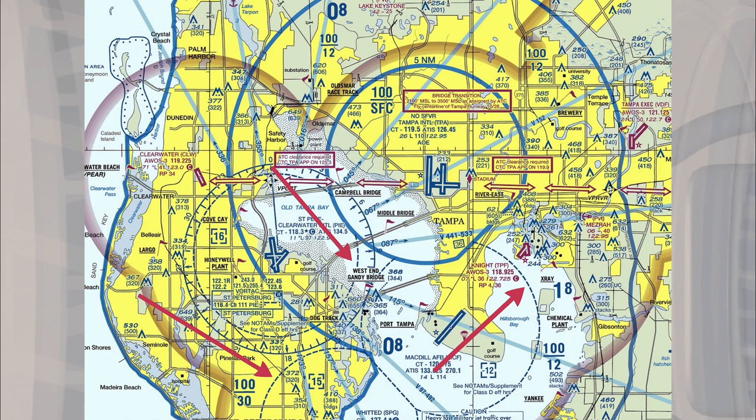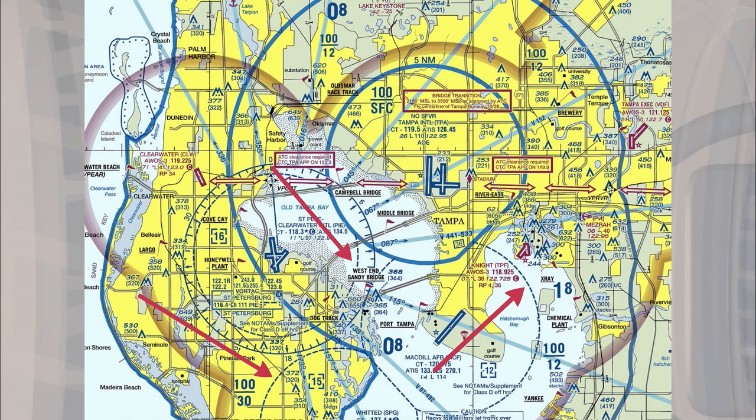So you can be in class Delta airspace there all the way up to and including the 1,600 feet. The one there at Albert Whitted that says 15, that means it goes up to and includes 1,500 feet in that area of the chunk that's not involved with that dark blue line. So that left-hand side over there where the 15 is located, that is to the left of the dark blue line coming through it, that is at 1,500 feet.